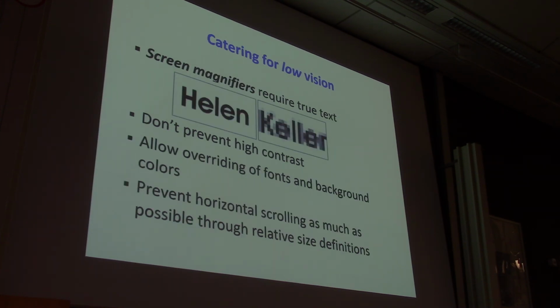So this is about being able to zoom in. Right? If you're visually impaired and things are too small for you, it's nice if you can zoom in. Here the problems are very similar to being able to zoom in for things that become very small because you use a very high resolution screen. Right?